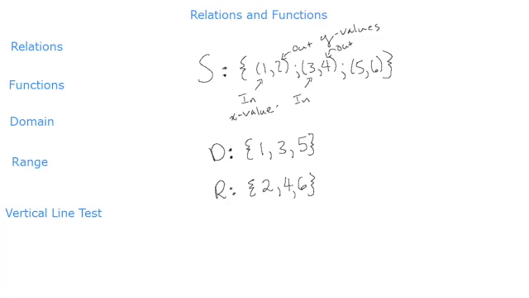What if I had this set S, and what if my set was (1, 2), (2, 2), (3, 2)?